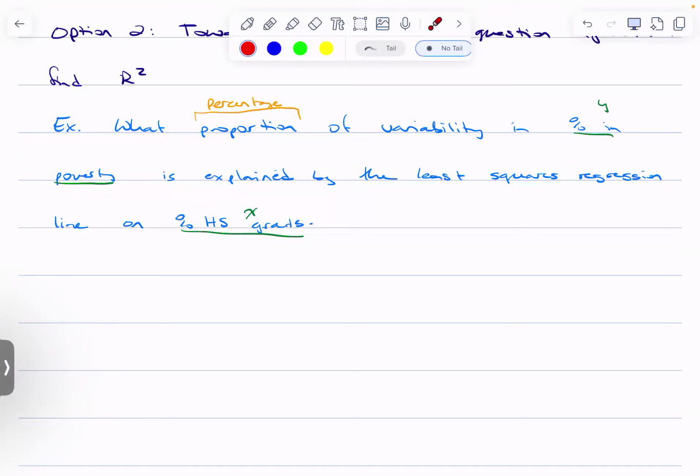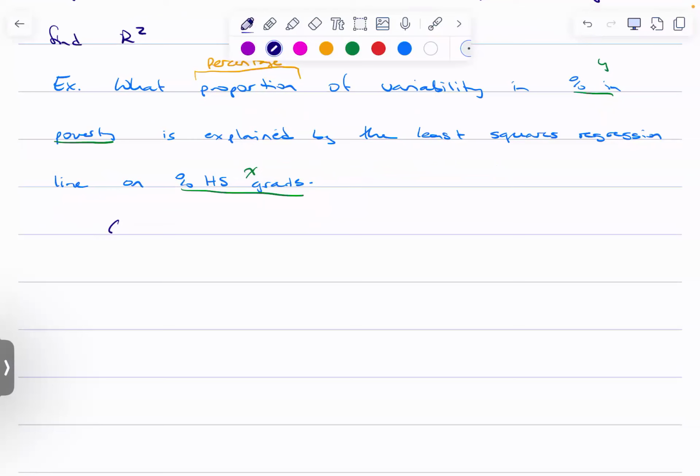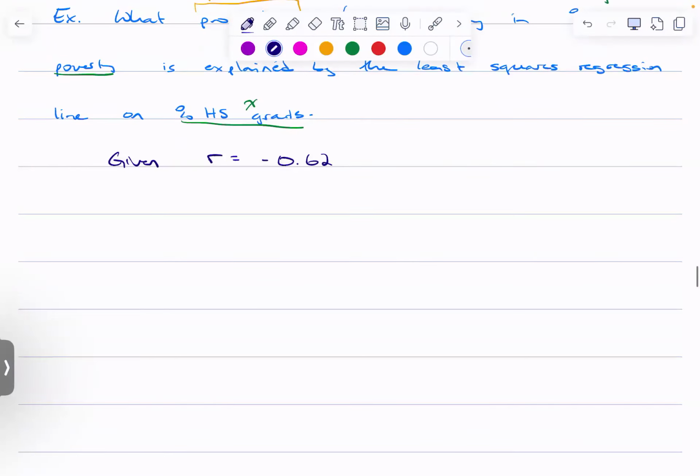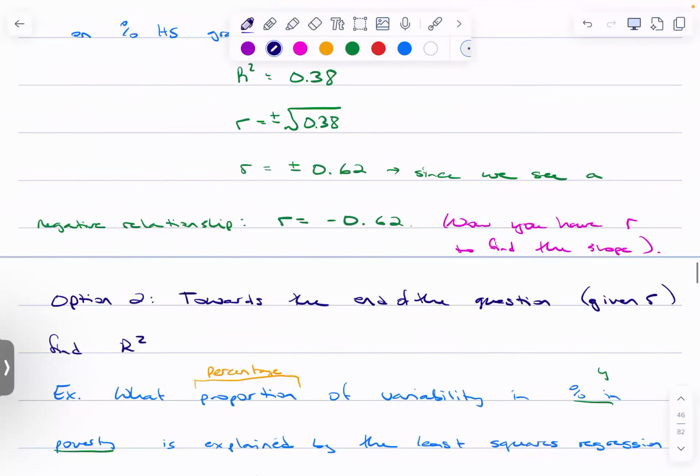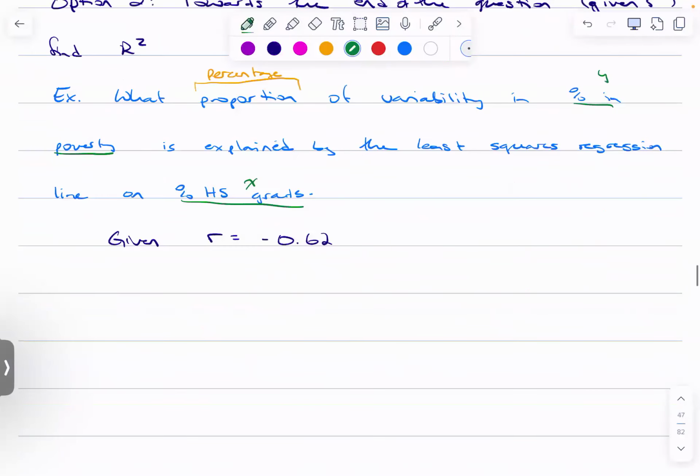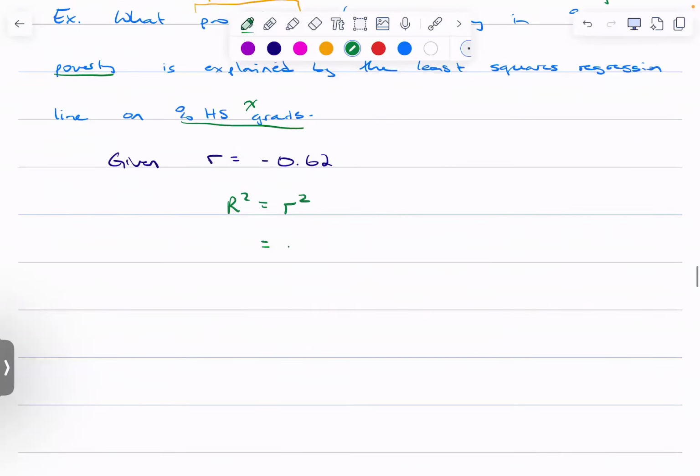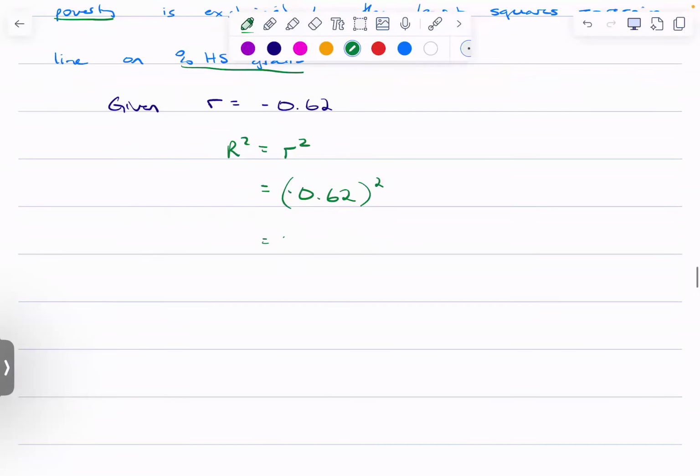So if we're given the correlation is negative 0.62, then R squared is negative 0.62 squared, 0.38 or 38%. Hopefully, kind of rounding and stuff, but that's okay. Just stealing the numbers from before.